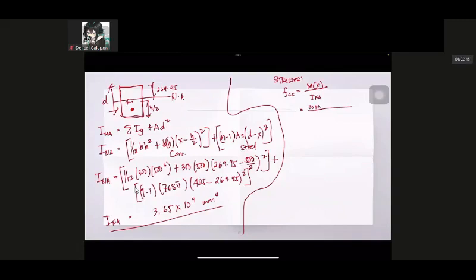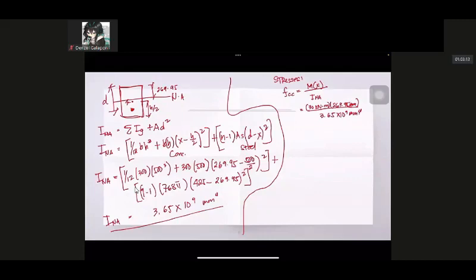So this is in kilonewton meter. Tignan nyo mabuti, kilonewton meter ito, and your x is 269.95 mm. So this is meter, this is mm. So be careful with your conversion. And your INA is 3.65 multiplied by 10 raised to 9, mm to the fourth.